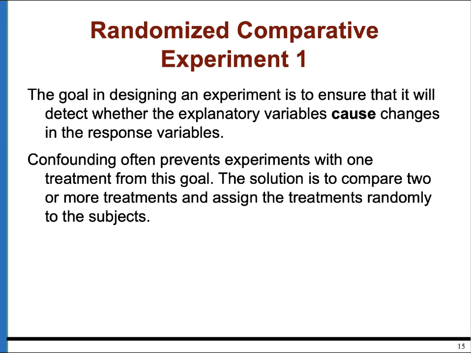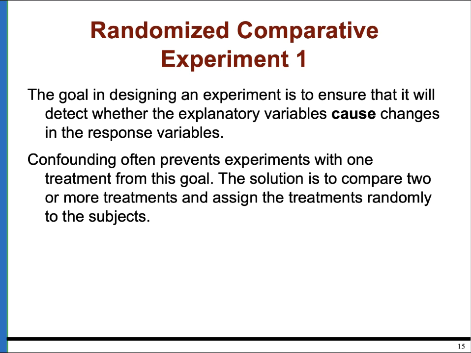So what we want to do is compare two or more treatments. We're able to eliminate the influence of a confounding variable by randomly assigning the treatments to the subjects. What's going to happen by doing that is that we're going to create groups that are all influenced by that confounding variable, since we've randomly assigned our subjects to it.